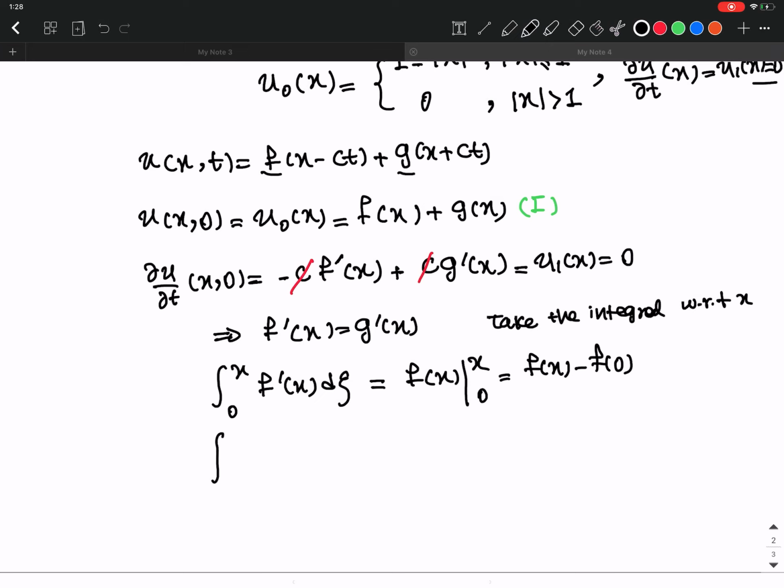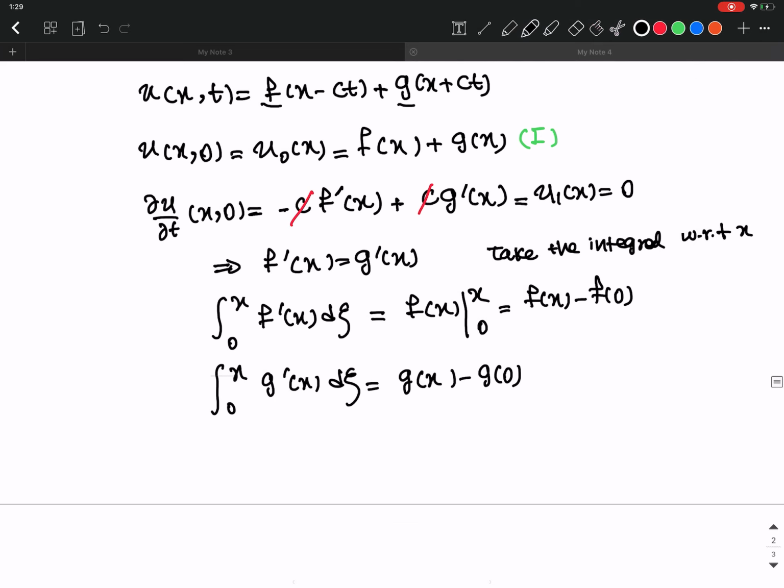The same thing for g: I take the integral, and this gives me g(x) minus g(0). And so, because f prime(x) equals g prime(x), I can just write down f(x) minus f(0) equals g(x) minus g(0).